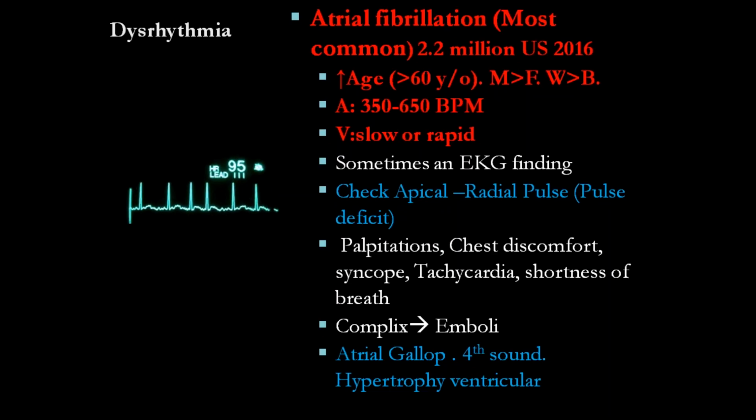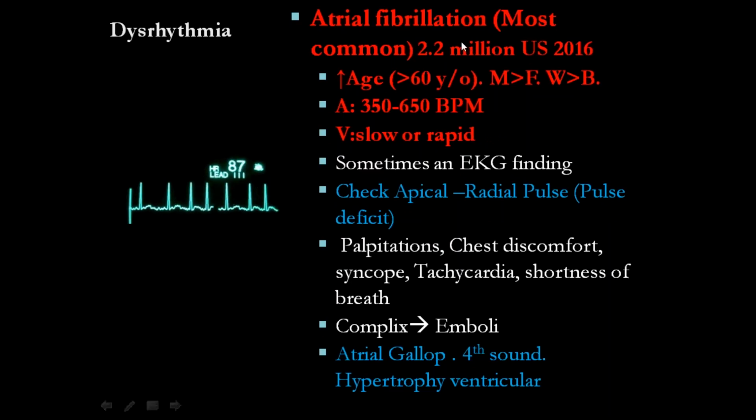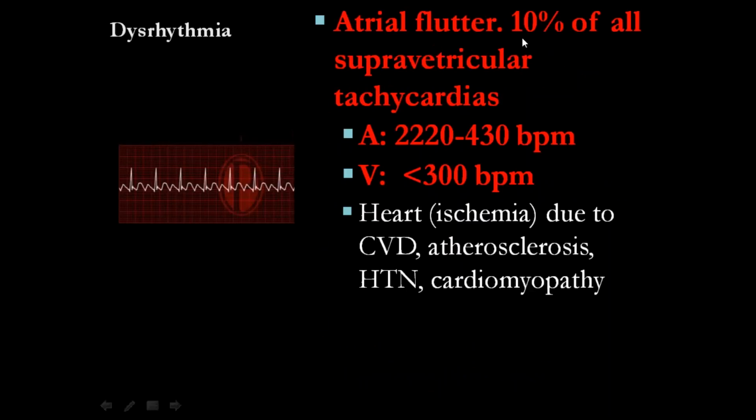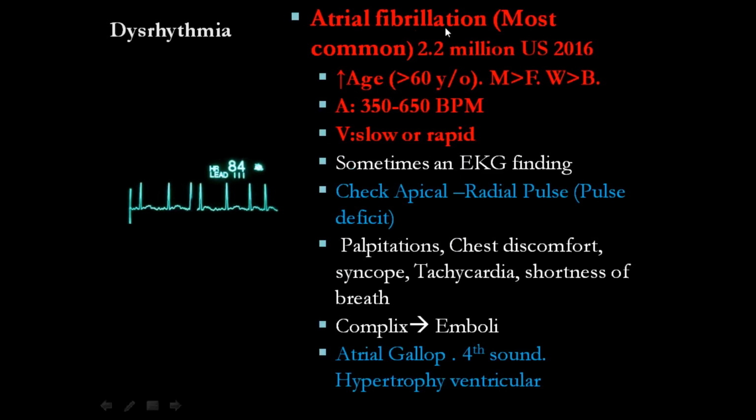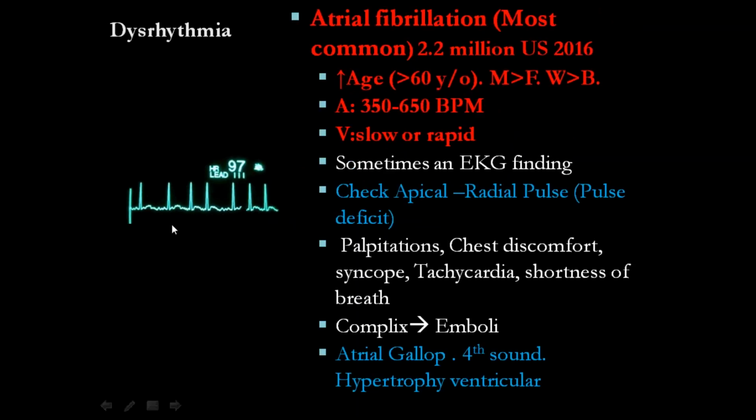All right, let's keep going with atrial flutter. Atrial flutter is not as common as atrial fibrillation. Atrial flutter is about 10% of all supraventricular tachycardias. Atrial fibrillation is not the only one, there are many more, but it's the most common. And if you see here, the P waves are very erratic, up and down, up and down.